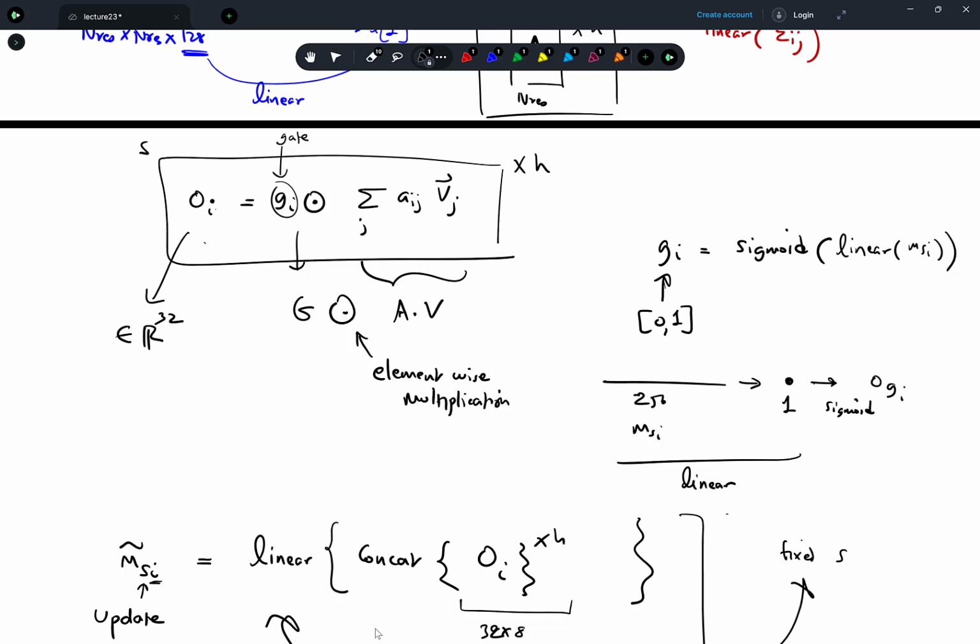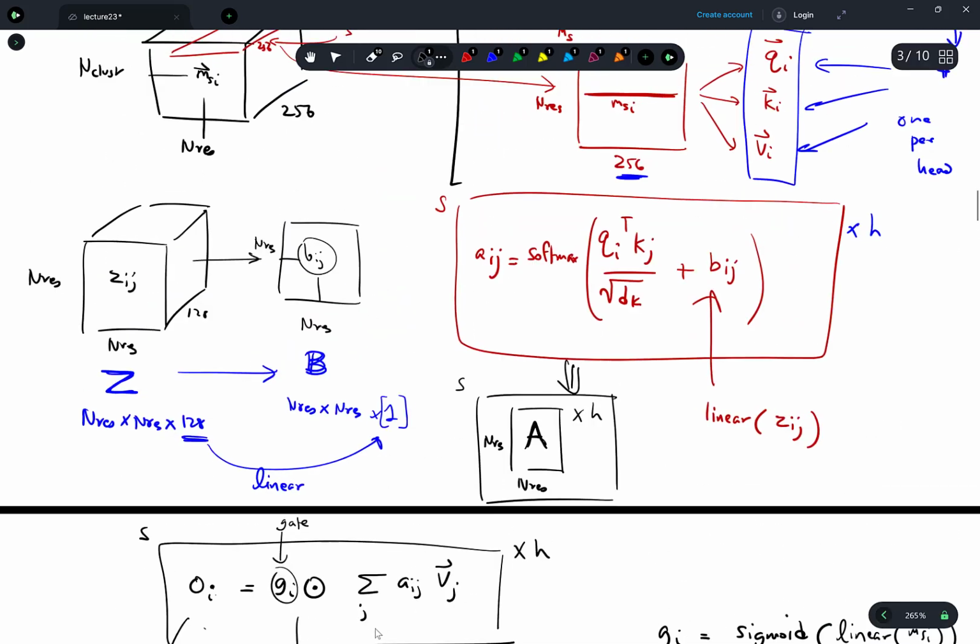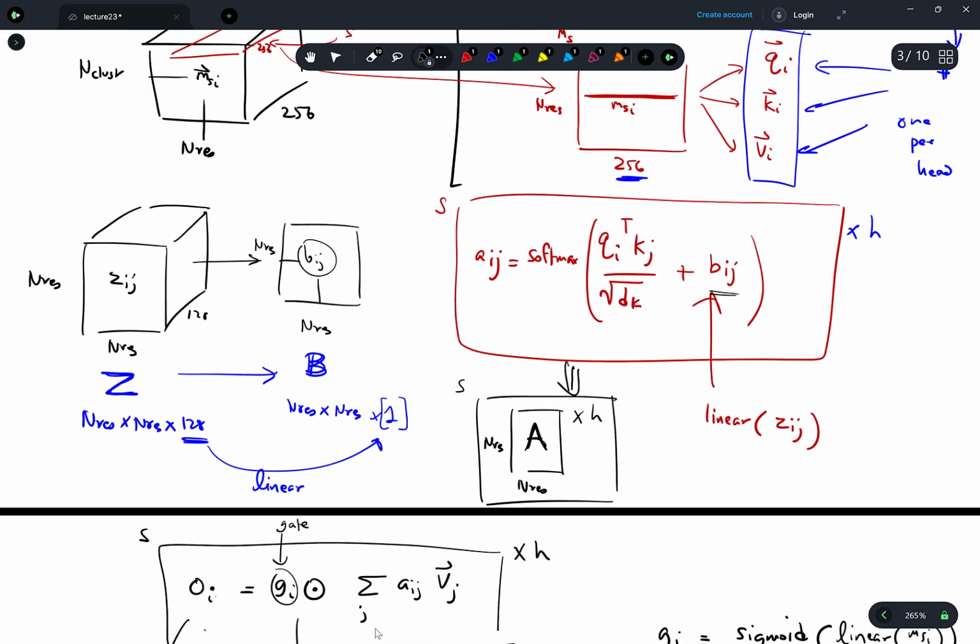So the only extra elements here are, there is a bias term being introduced when you do the attention. When you compute the Q K transpose, you add a B tensor to it, and then you get your A matrix out, which is the attention matrix.